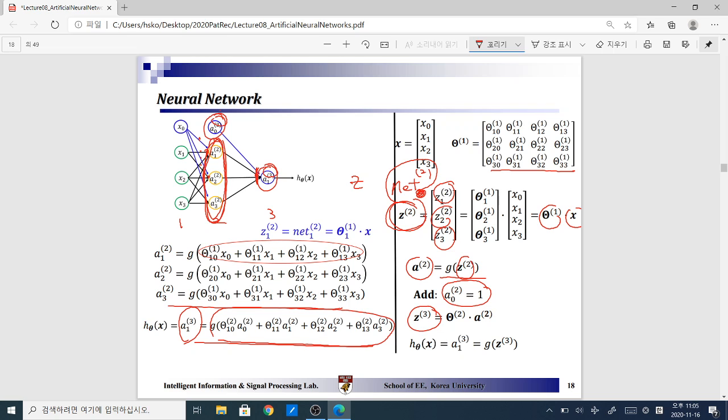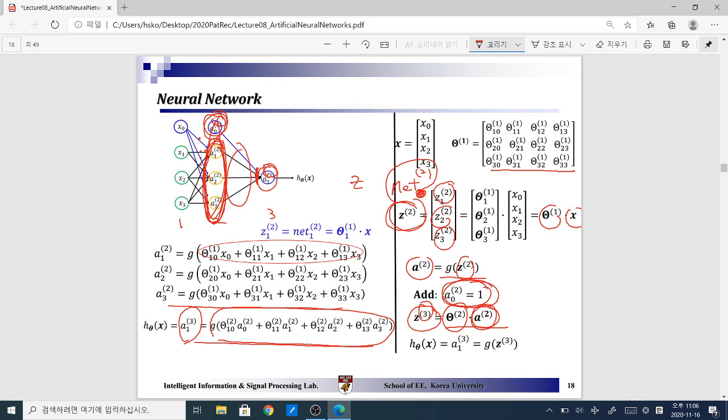So the Z with a 3 superscript would represent the dot product between the A matrix right here and theta, the parameter matrix, which is dotted with these inputs, where once again the input would consist not only of these three elements, but also this bias as well.